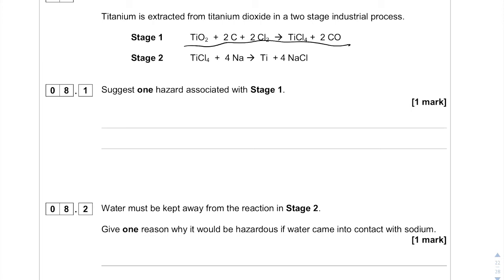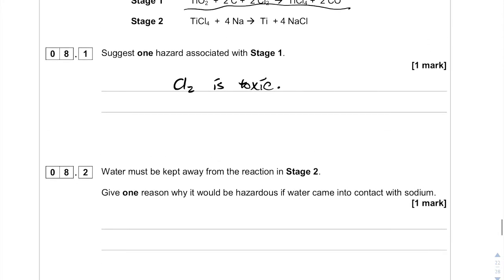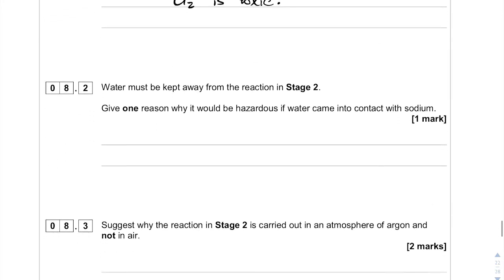Number 2, you're evolving carbon monoxide gas, which is also toxic. So either one would do. I'd say Cl2 is toxic. That's the biggest hazard that I can think of, because I guess chlorine is more toxic than carbon monoxide in a way.